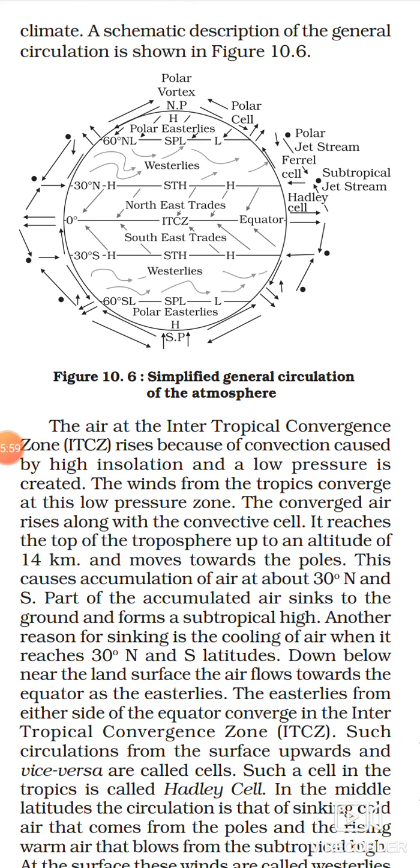After that, from 30 to 60 degree north and south we have the subpolar low pressure belt, and in the polar regions above 60 degree north and 60 degree south till the north and south pole, we have the polar high pressure belts.